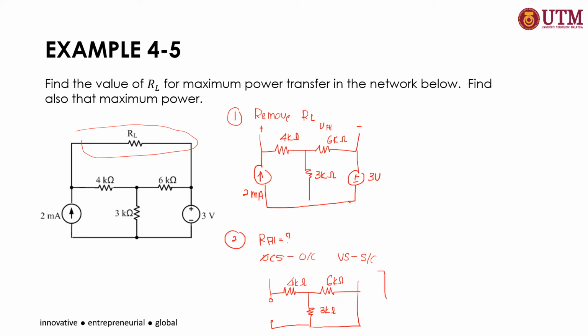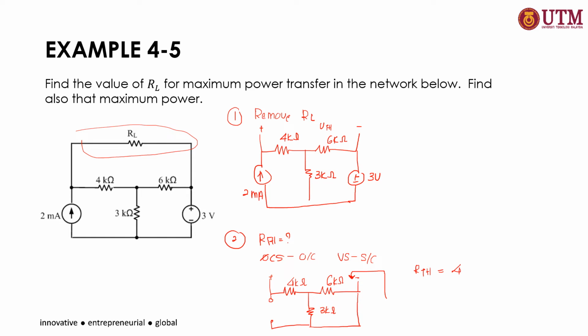Now the R Thevenin or R equivalent is seen at these two nodes. From this view, we get the RTH is equal to this 4 kilo ohm in series with this 6 kilo ohm and 3 kilo ohm in parallel.